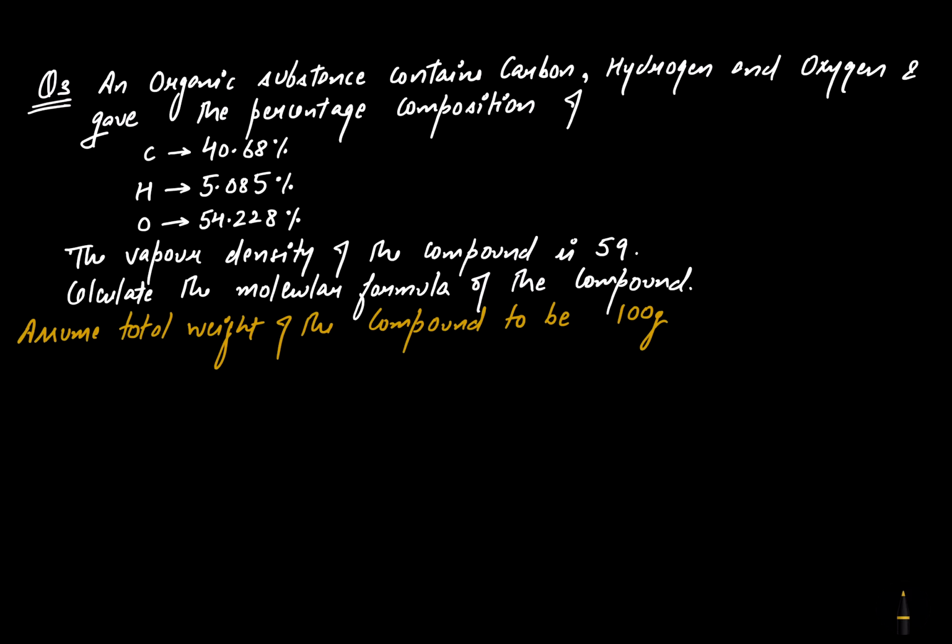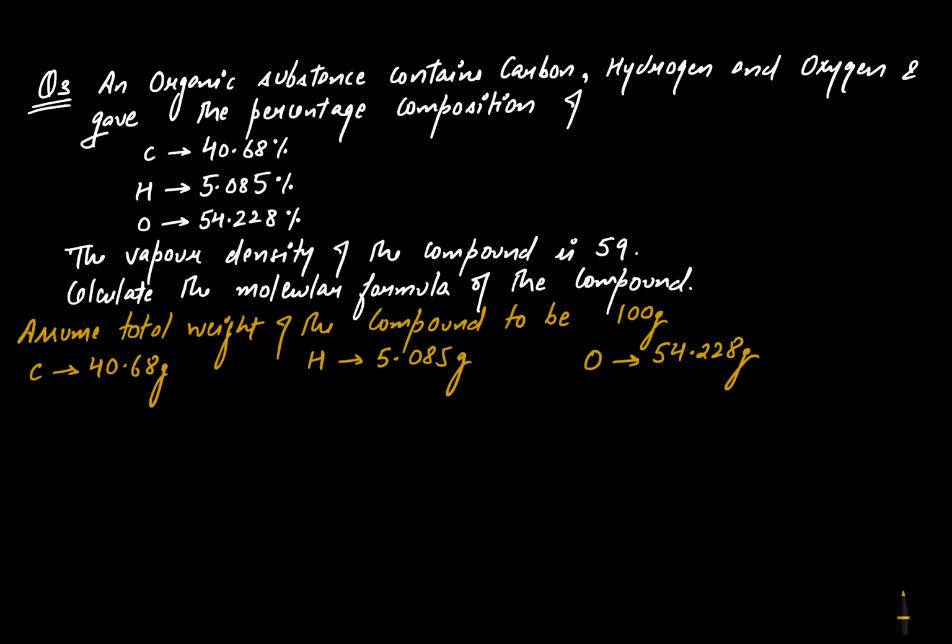So that means my carbon, which is 40.68%, I will take it to be 40.68 grams. My hydrogen, which is 5.085%, I will take it to be 5.085 grams. And oxygen, which is given to be 54.228%, comes out to be 54.228 grams.